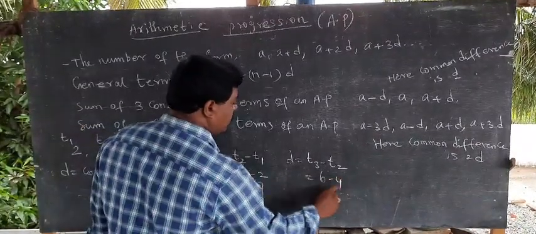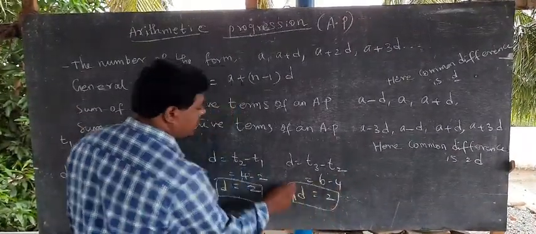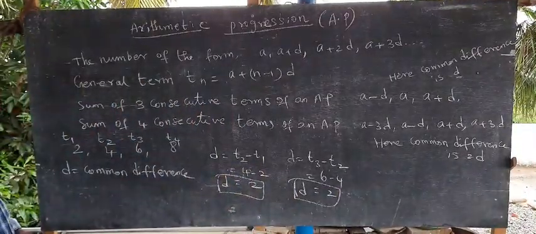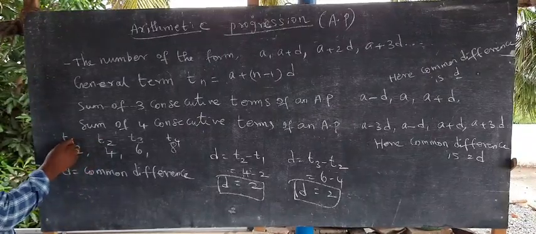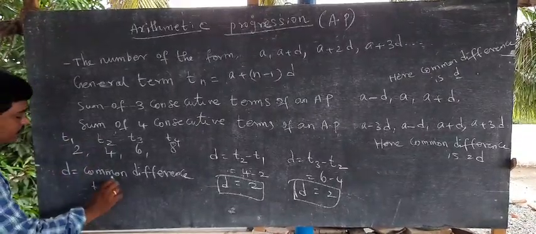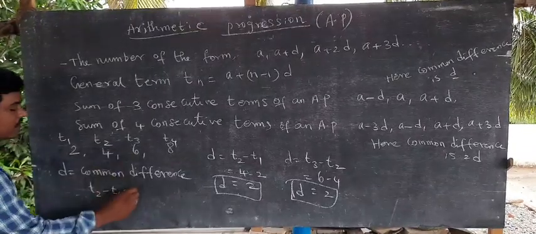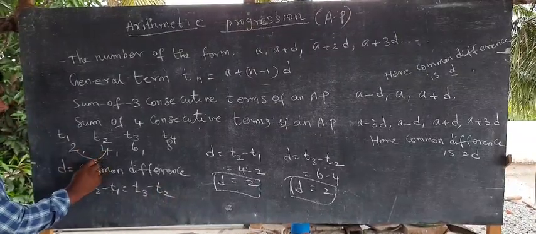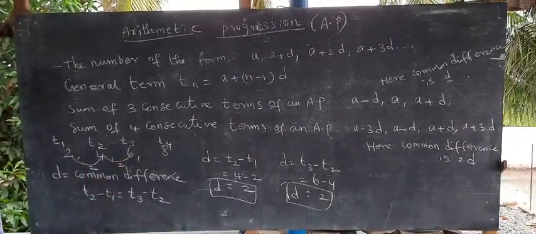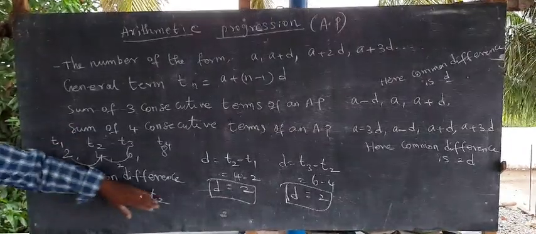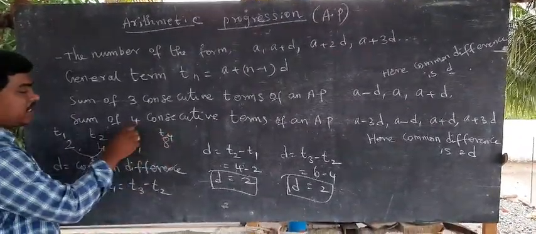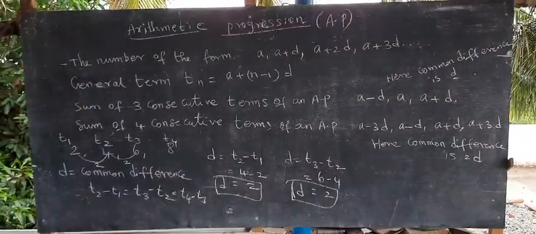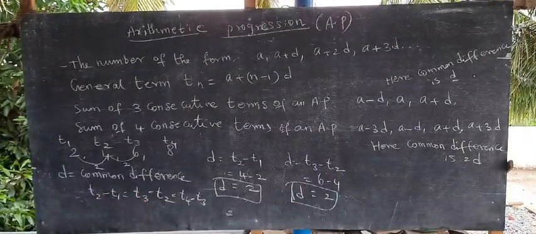So T2 minus T1 is equal to T3 minus T2, because here the difference is 2 and here also the difference is 2. So for each term it will be equal. T4 minus T3 is also equal. Like this we have to find the difference.